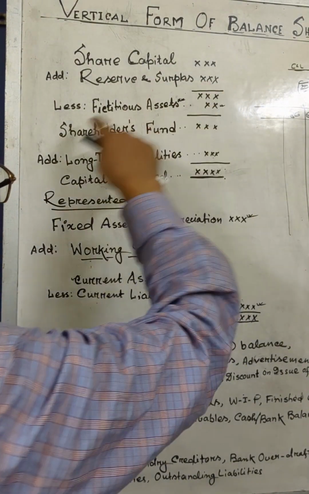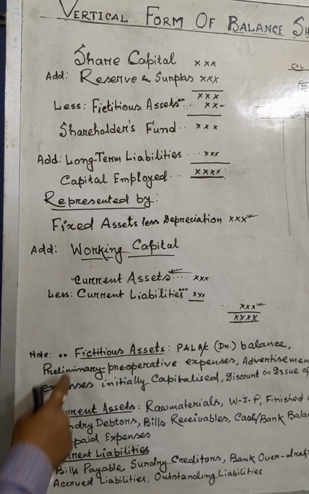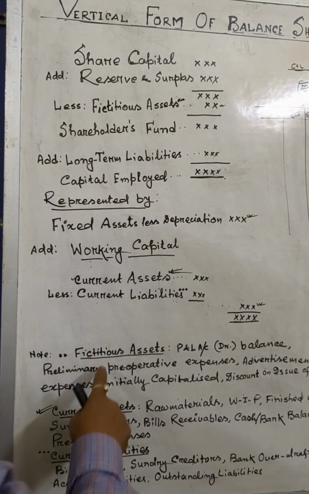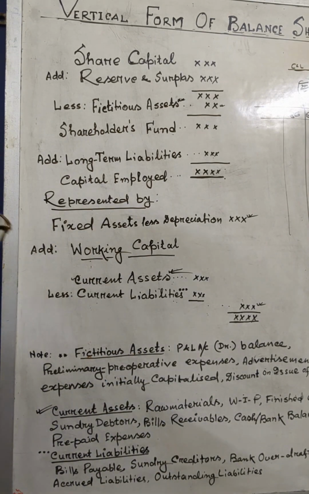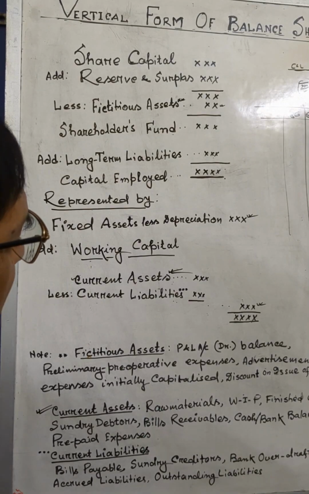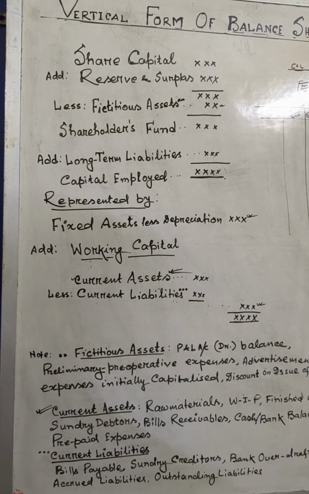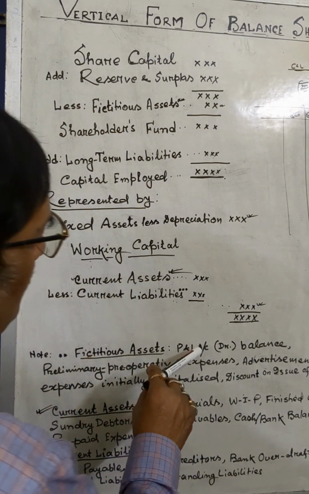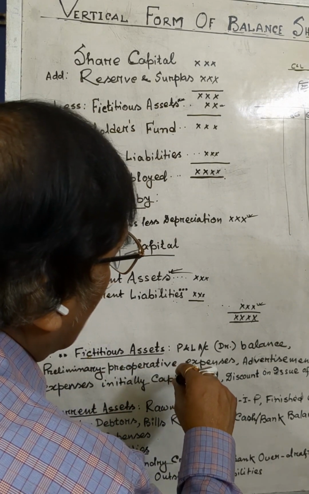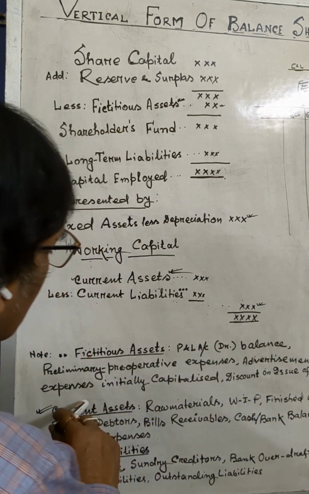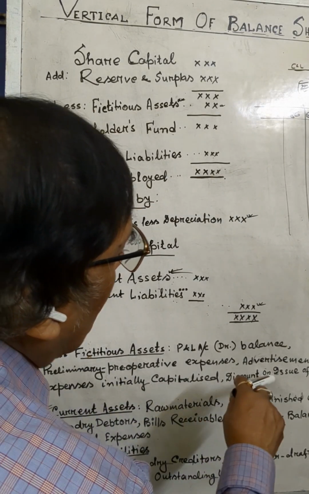From this total, subtract the fictitious assets. What are fictitious assets? Which items will come under fictitious assets? By name they are assets, but actually they are not assets; their physical presence is not there. The items are: profit and loss account debit balance, preliminary and pre-operative expenses, advertisement expenses initially capitalized, and discount on issue of shares.